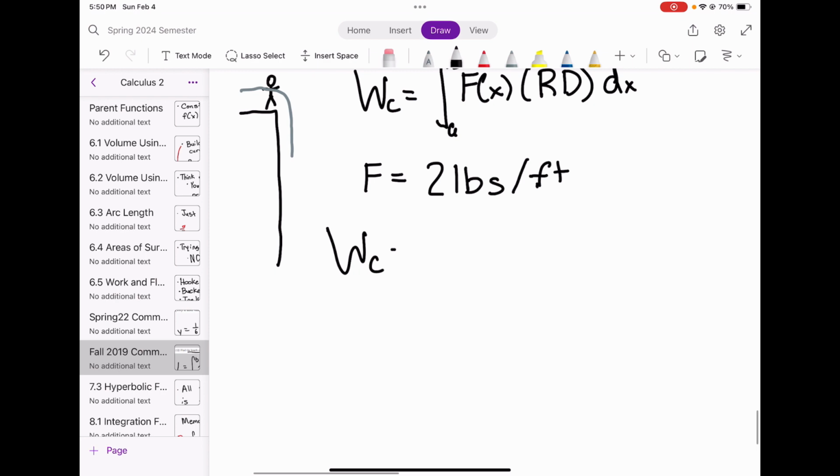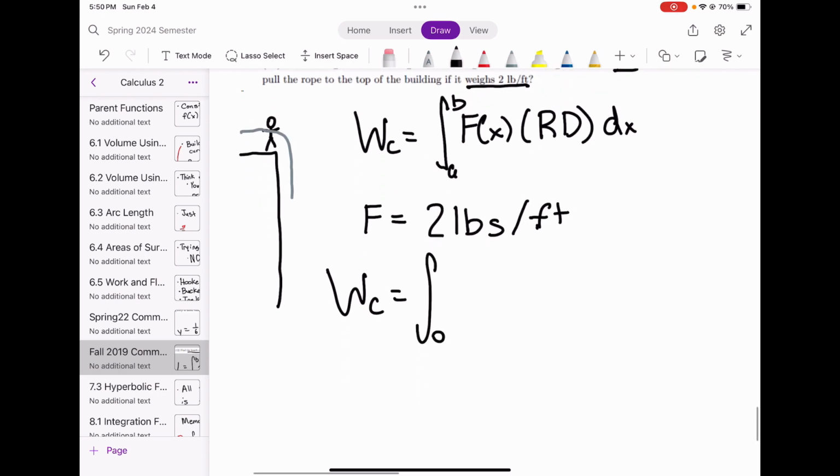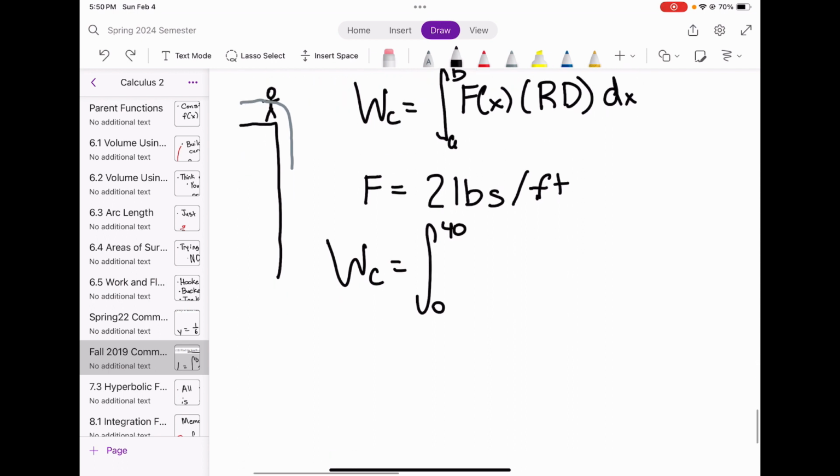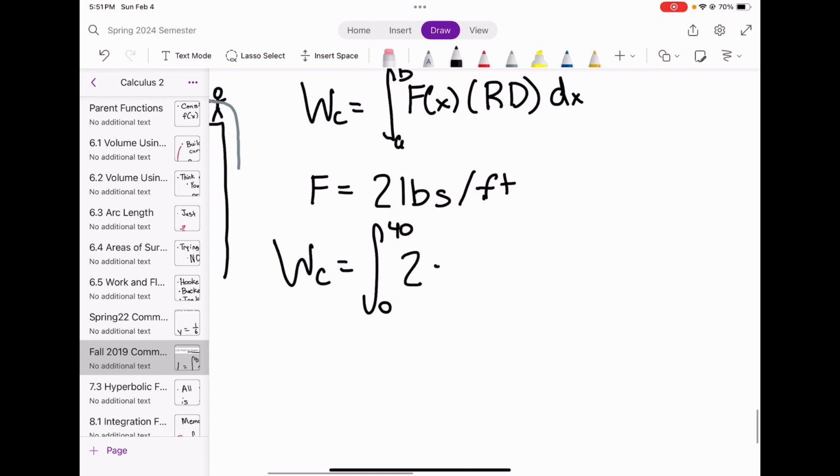So the work of the cable is equal to the integral from 0 to 40, because that's the length you're going to be pulling, of 2 times the remaining distance, which is 40 minus y, dy. This is almost always going to be in terms of y.